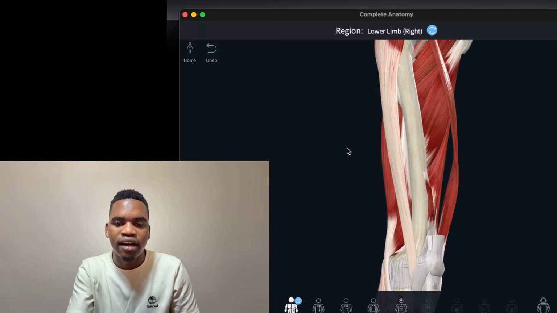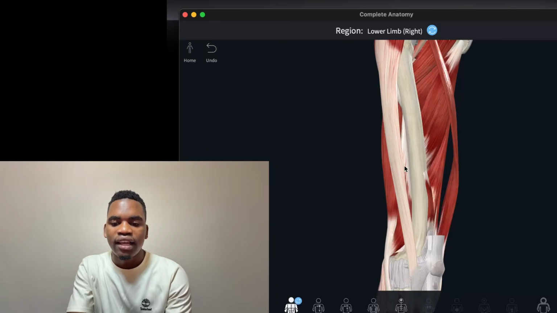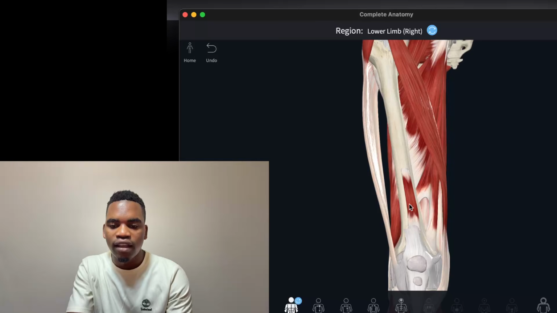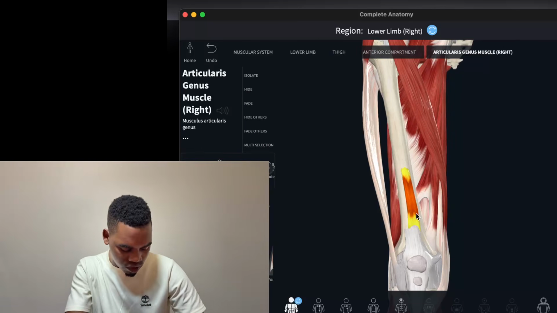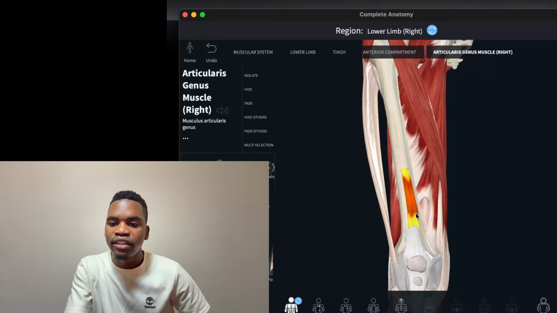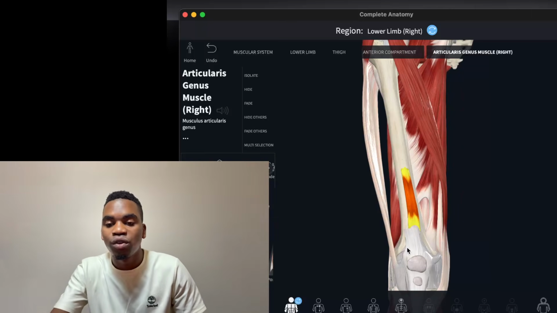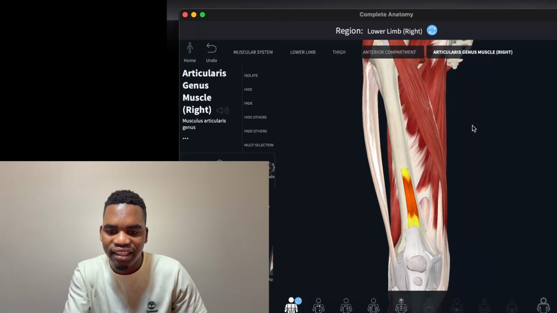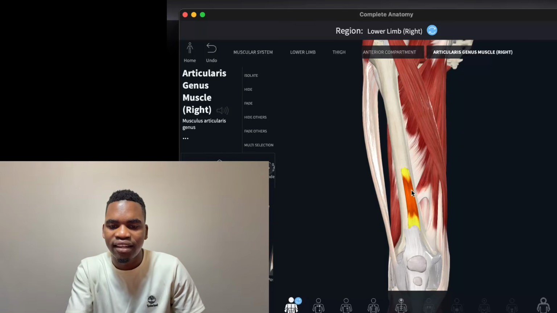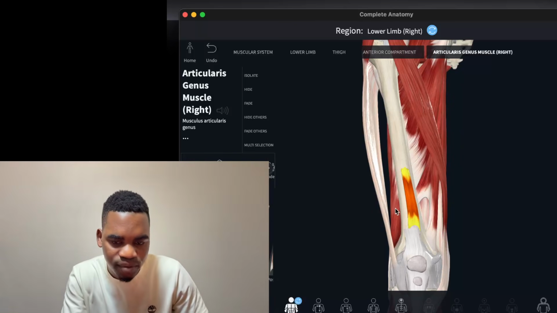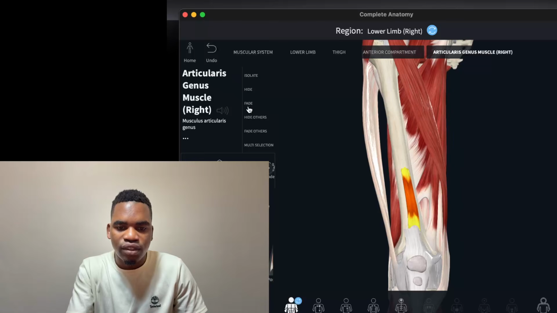Together they form the quadriceps femoris. Now, of course, we also have a muscle called articularis genu, or muscle of the knee joint. But this is an anatomical variation. Sometimes it's here, sometimes it is not.